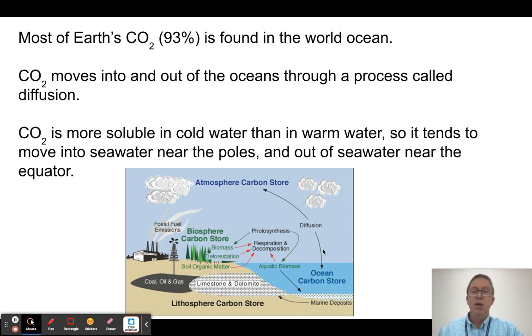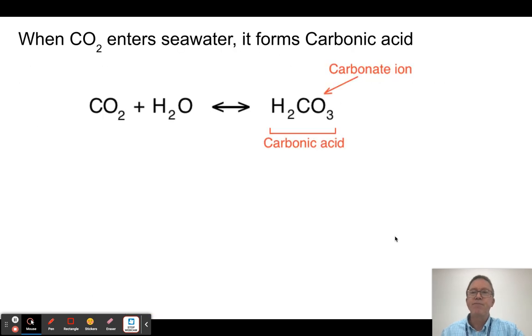When water is cold, the pressure in the water is low, so carbon dioxide goes into cold water. Near the poles, the ocean tends to absorb carbon dioxide. Near the equator, where the water is warm, it heats up the gases in the water and pushes them back out. So the atmosphere sort of breathes in and out carbon dioxide all the time.